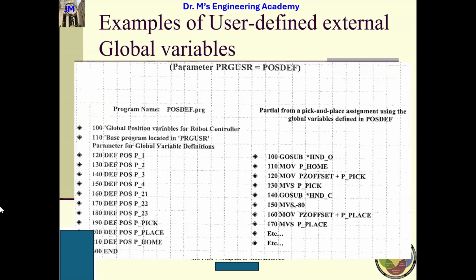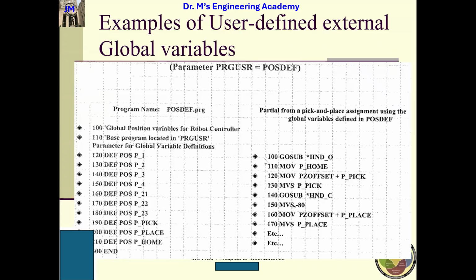You can see all these numbers are the line numbers. You define partition P1, partition P2, and all these kinds of things, and then finally you have end here. Here 100 is 100, you have GoSub.